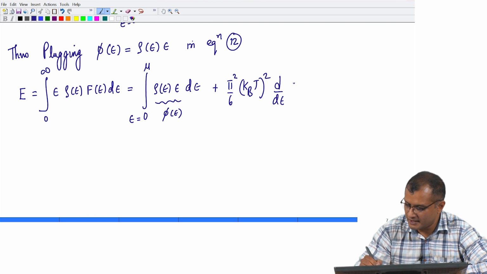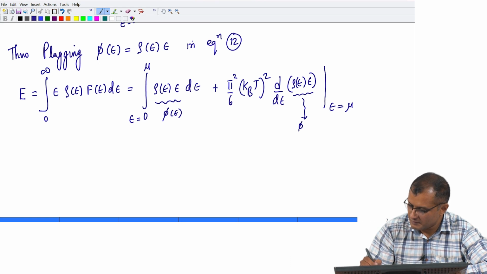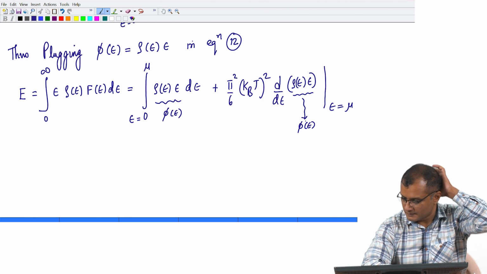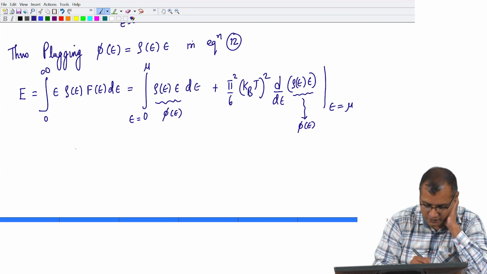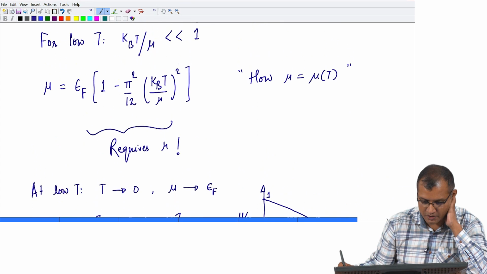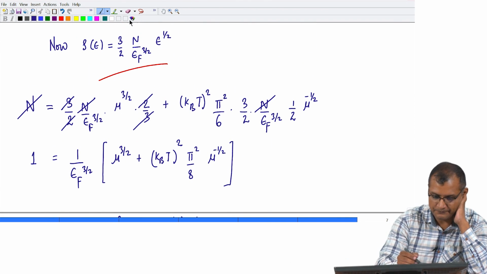Now, my phi is again, as I said, rho E into E at E equals to mu. So, this is nothing but my phi of E. Okay. But I already know that my rho of E, the density of states, which was written here, yeah, this expression.